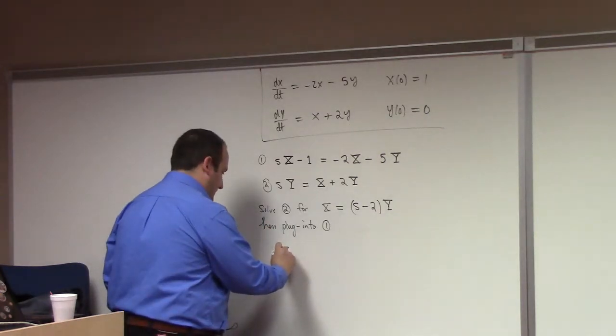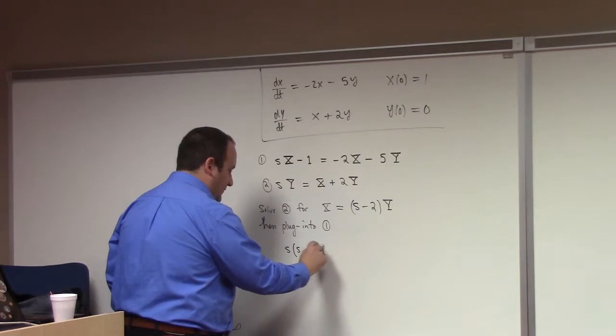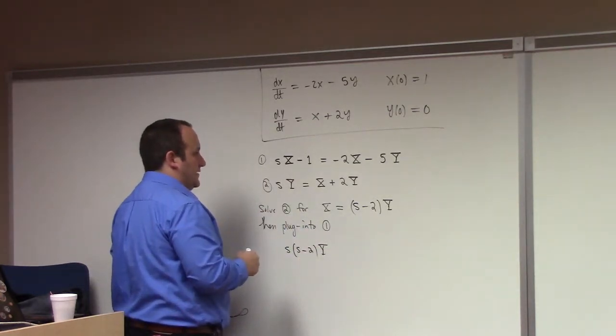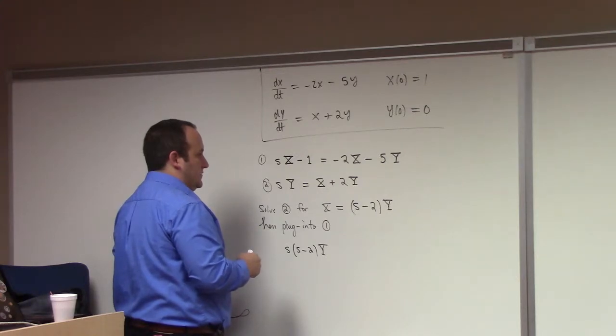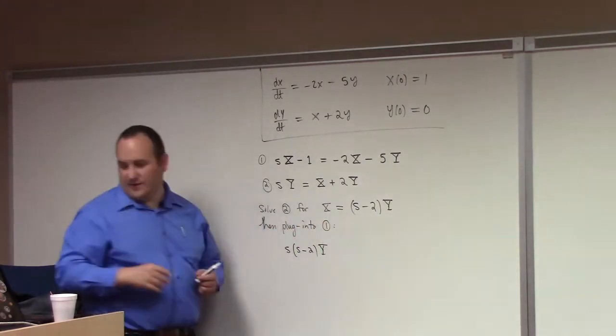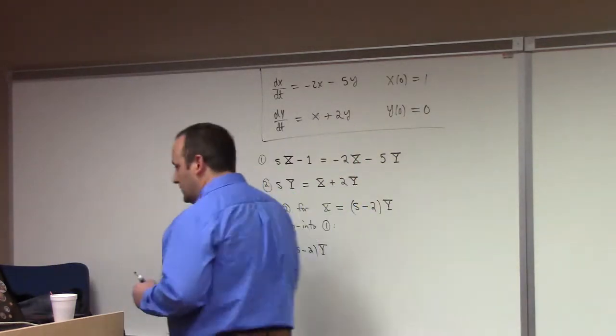It gives us S times S minus 2 big Y. Sorry, let's clean up 1 before I do that substitution. Otherwise, I'm just being dumb.